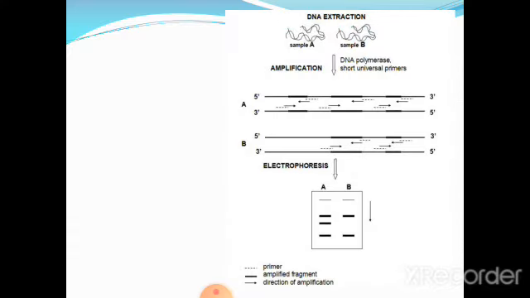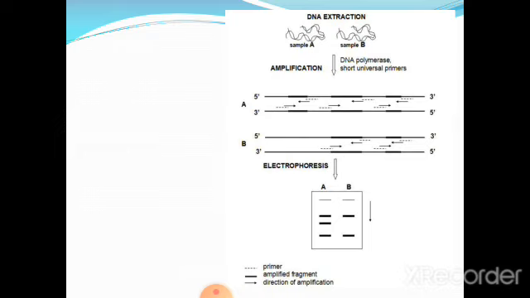So this is the schematic representation highlighting the different steps. Here we have two samples, sample A and sample B. We have isolated the genome or the DNA. What you are going to do is give them DNA polymerase. Of course, by now you know it is Taq polymerase or any other suitable thermostable polymerase. And you will give short universal primers.